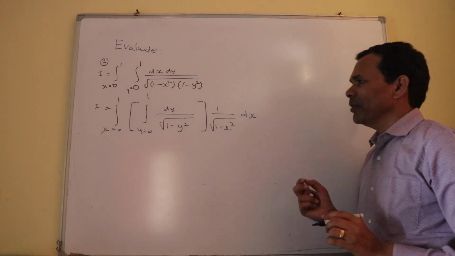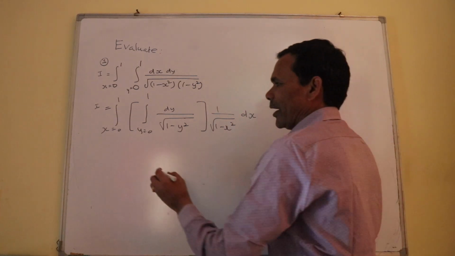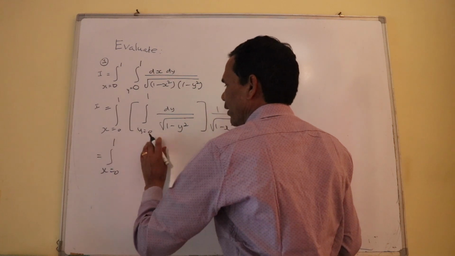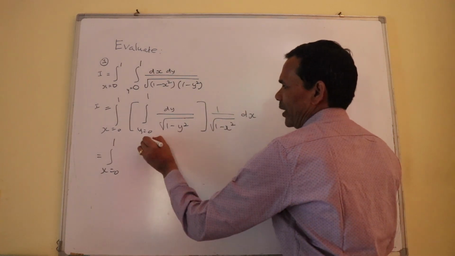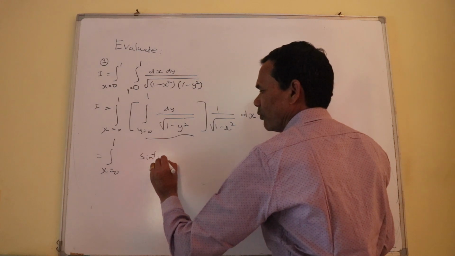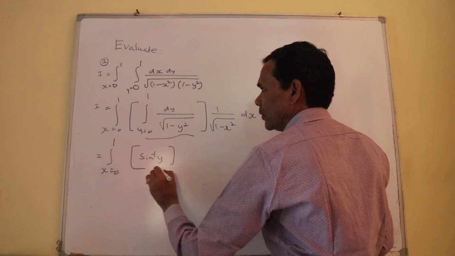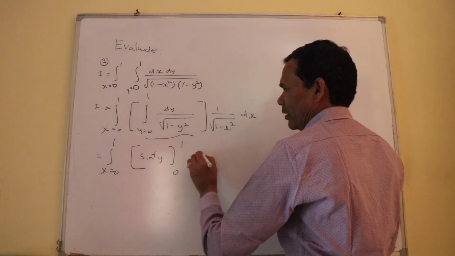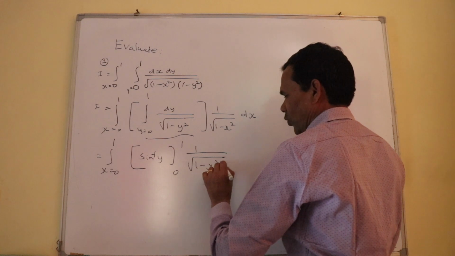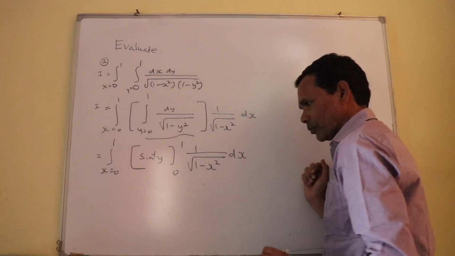So this is called variable separable form. I will write down this as x from 0 to 1, and integration of this part is sine inverse of y, limits applied 0 to 1, and this is 1 upon root of 1 minus x square into dx.